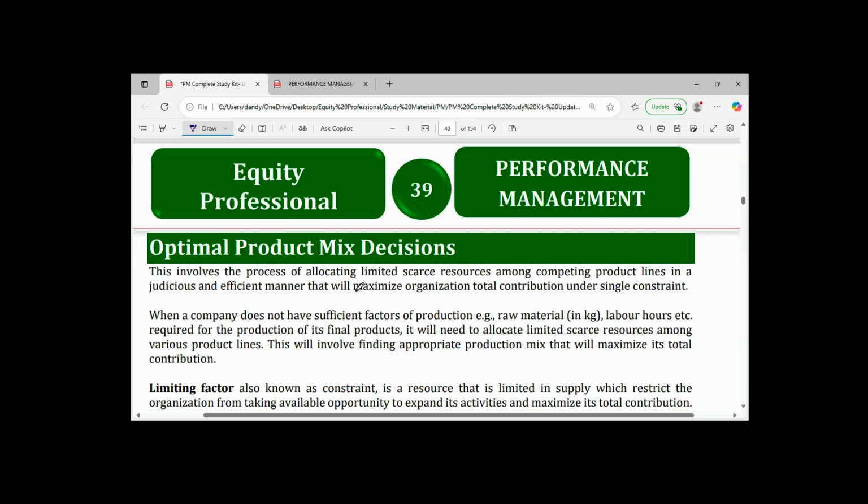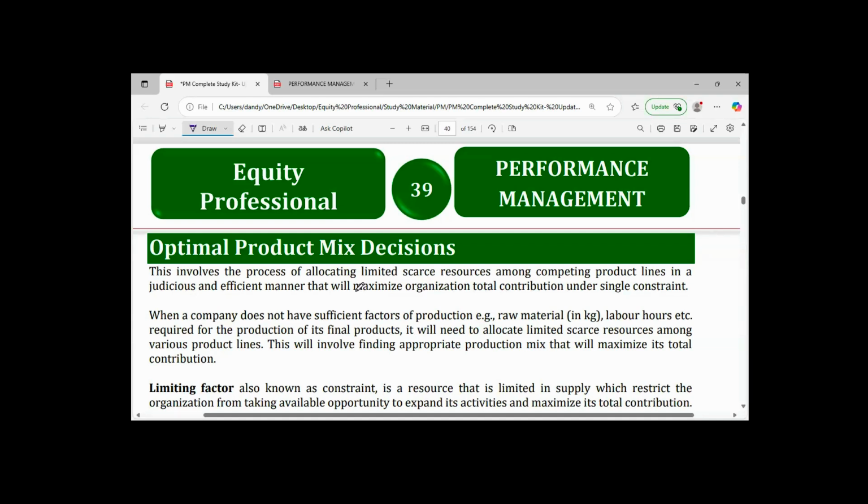Now, when a company does not have sufficient factors of production, what we simply mean is material kilogram, labor hour, or machine time. It's different from the factors of production you are familiar with under economics, land, labor, capital, and entrepreneur.